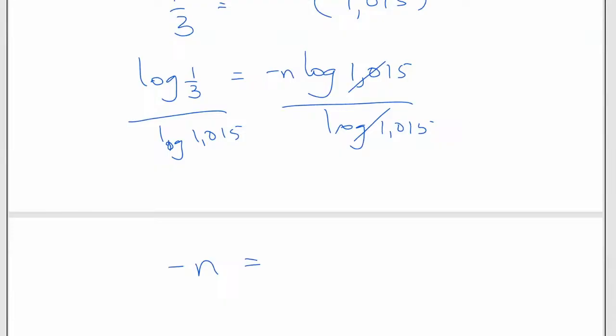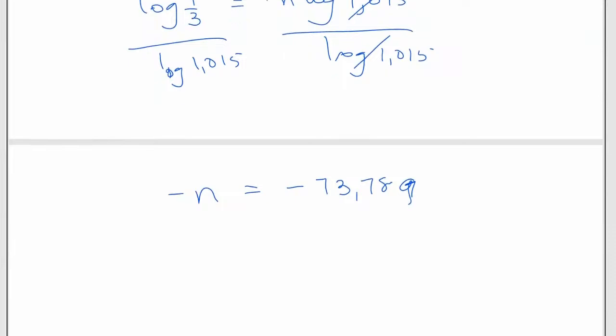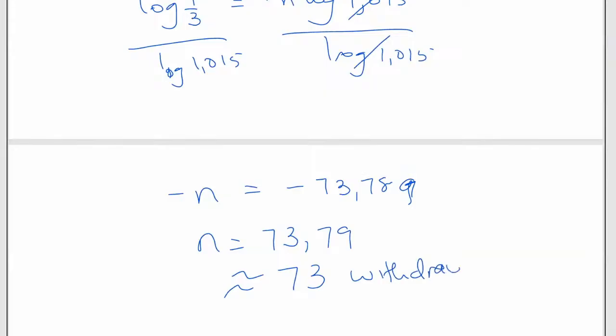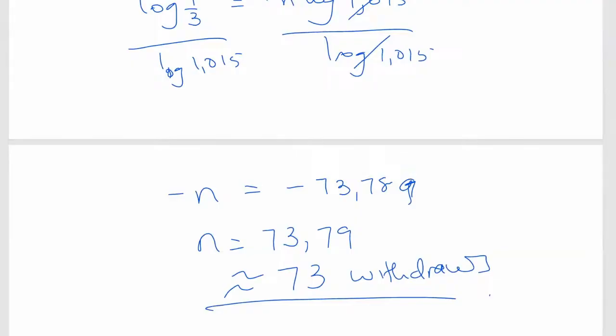So it's saying log of 1 over 3 over log 1.015. Okay, this is giving me negative 73.789. When I divide both sides by a negative, it's positive 73.79, which is approximately 73 withdrawals. Okay, that's how much this person is going to be able to get. So that's how I would have approached that question.